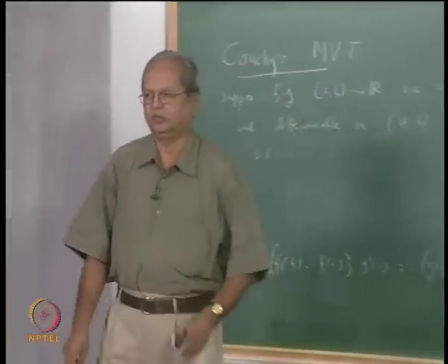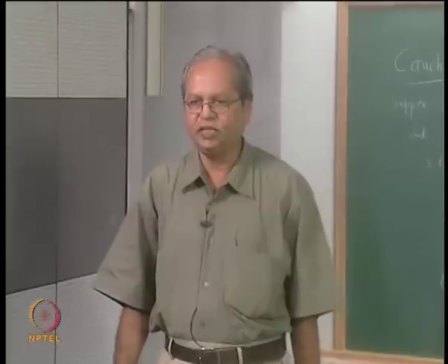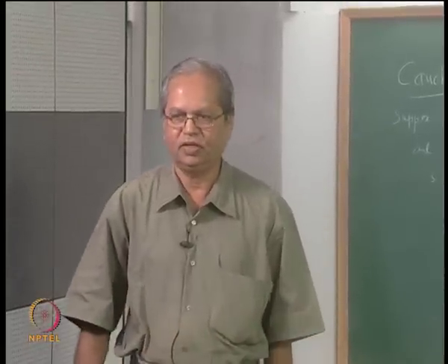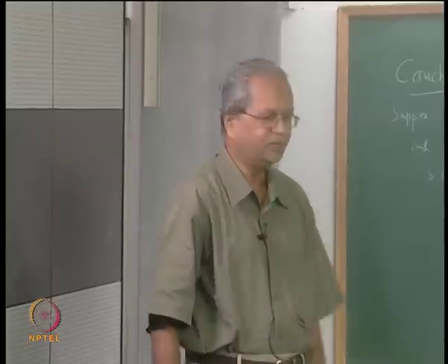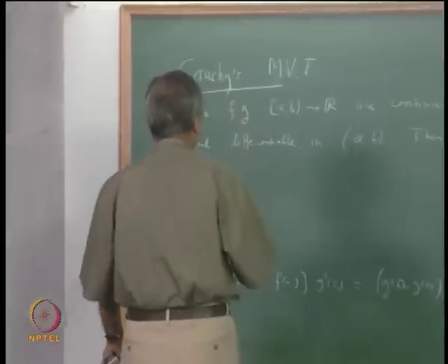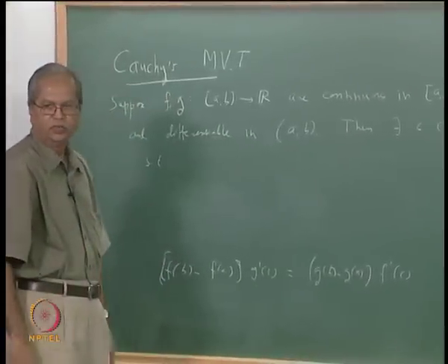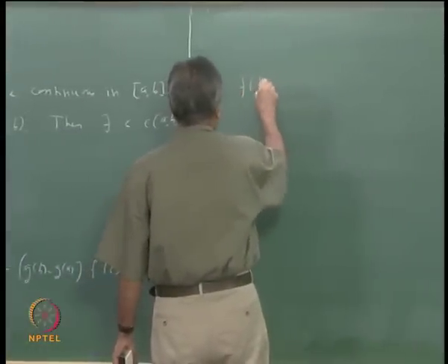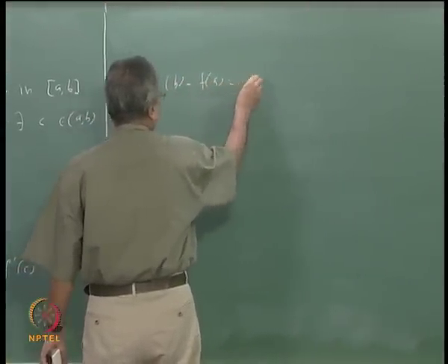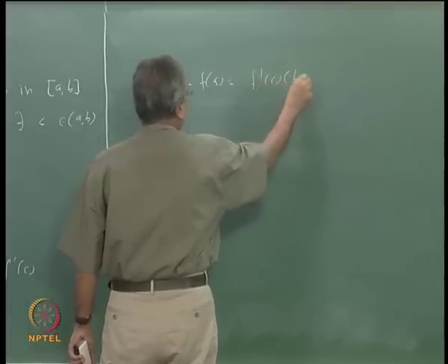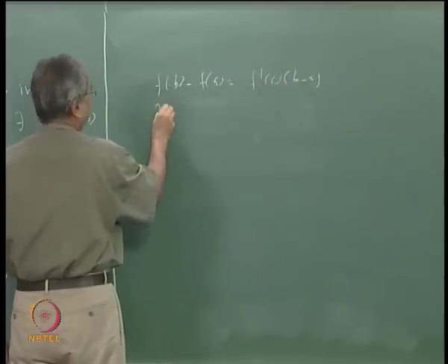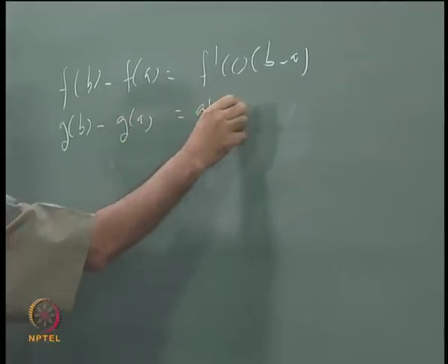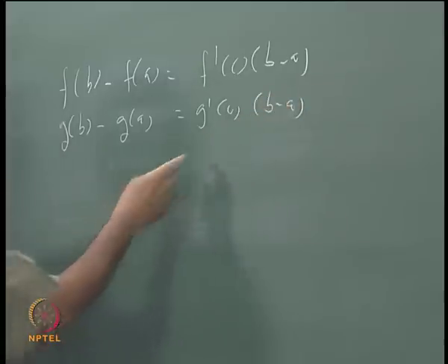One more thing: it is quite tempting to attempt the proof of Cauchy's mean value theorem by using Lagrange's mean value theorem. For example, one might say apply Lagrange's mean value theorem to both the functions. Using that you will get f(b) minus f(a) is equal to f prime c into (b minus a), and similarly g(b) minus g(a) is equal to g prime c into (b minus a), and then just substitute.